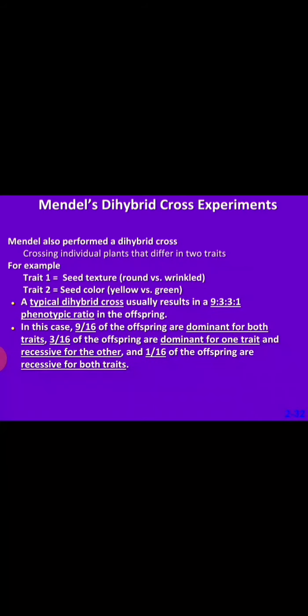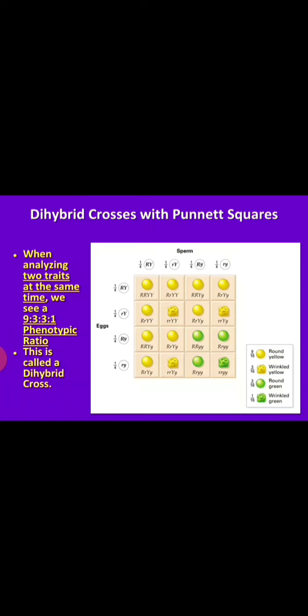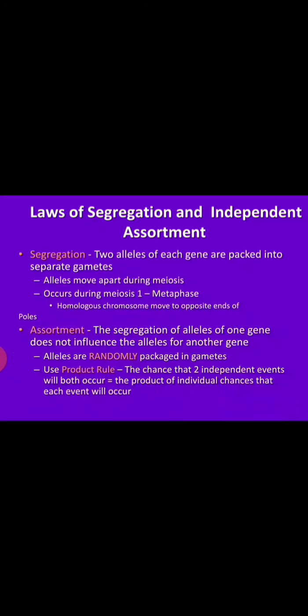In this case, 9/16 of the offsprings are dominant for both the traits, while 3/16 are dominant for one trait and recessive for the other, and 1/16 of the offsprings are recessive for both the traits. This is a Punnett square for dihybrid cross experiments.